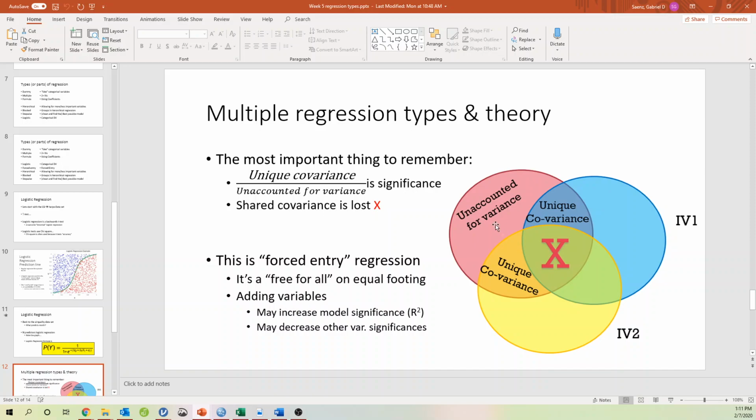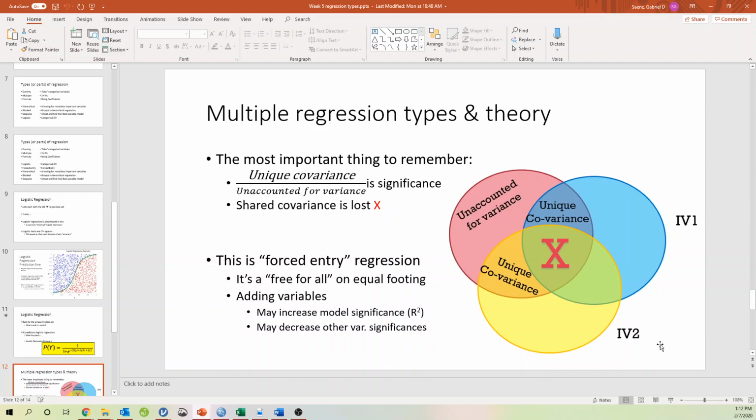So we've got these three parts here, the two unique covariances and unaccounted for variance in the dependent variable. To assess the significance of independent variable 1, the unique covariance for independent variable 1 is divided by the unaccounted for variance of the dependent variable, and that relationship dictates how significant IV1 is in predicting DV.